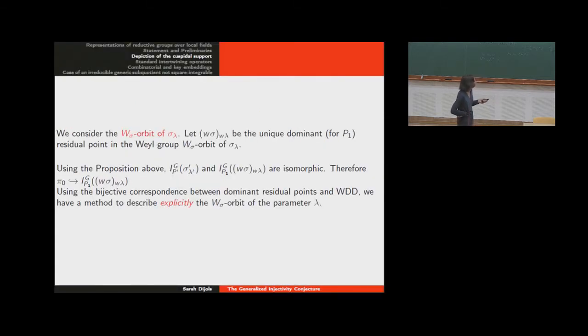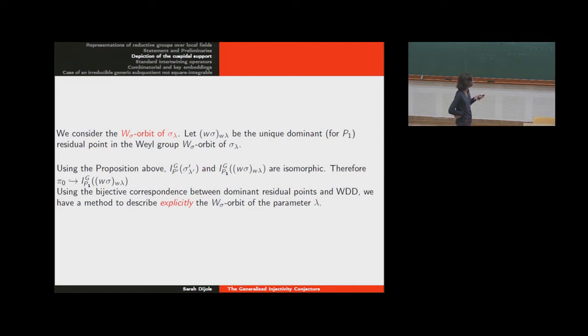So let's now consider the W sigma orbit of the cuspidal support of this generic piece. I will call W sigma the dominant. We know there is a unique dominant point, so this is the notation for the dominant point.